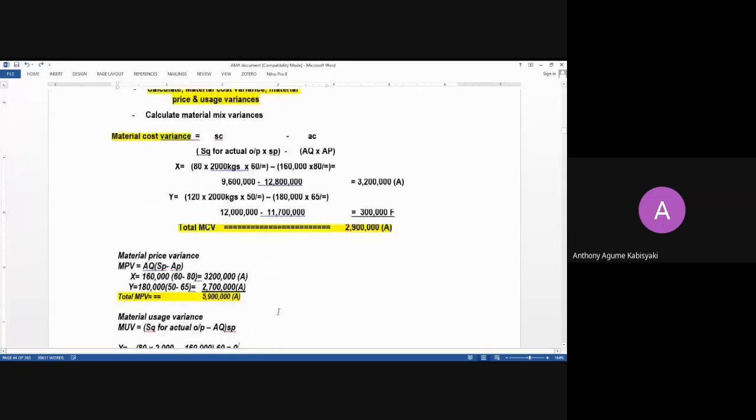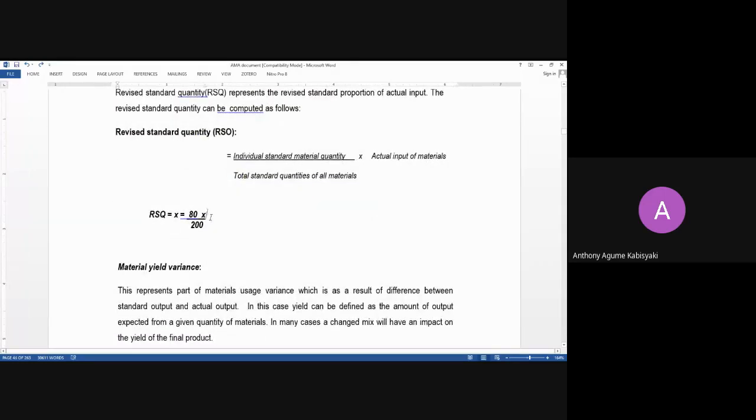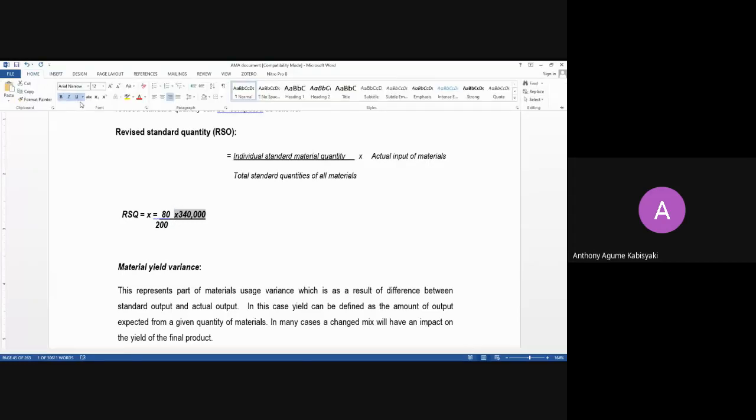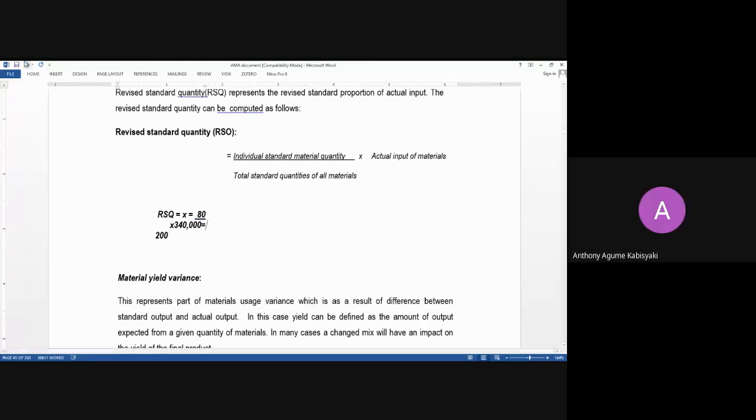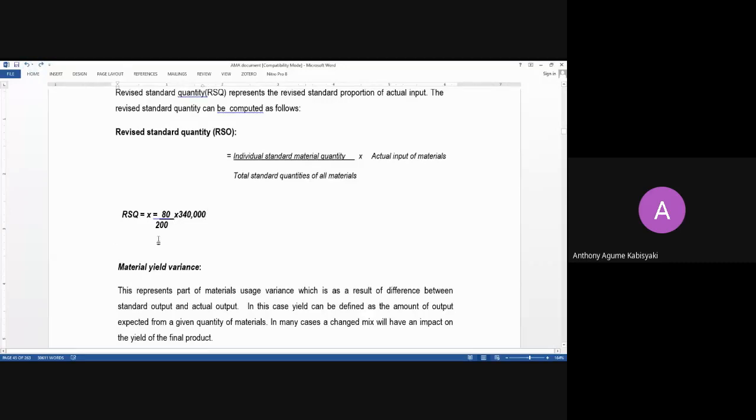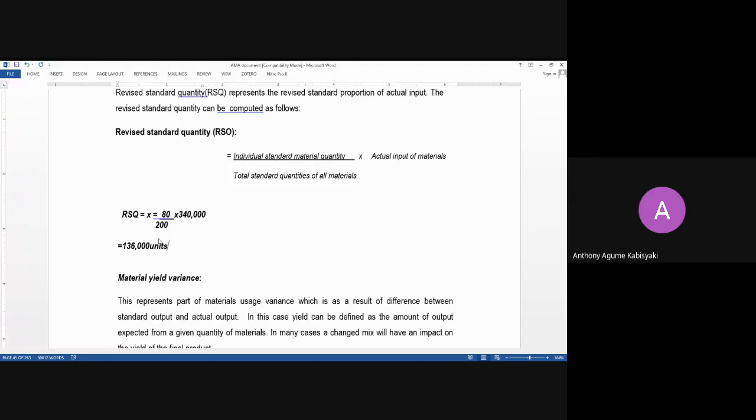Total actual input of raw materials is 340. So you multiply this by 340. What does it give me? 136 units. That is the revised for X, RSQ for X.